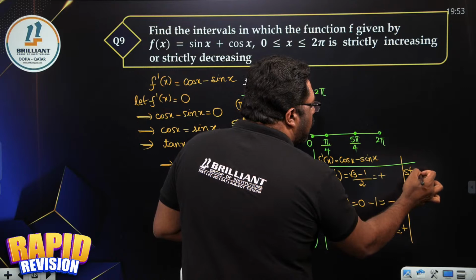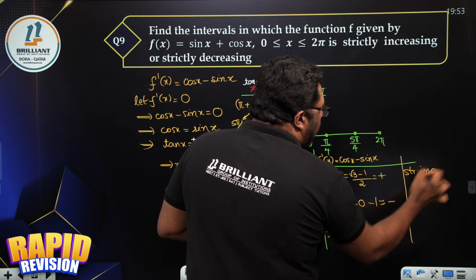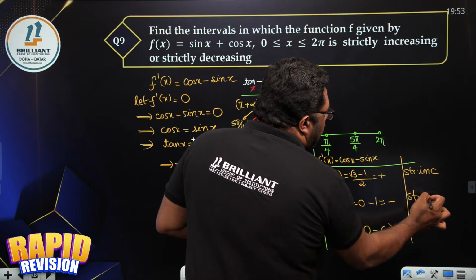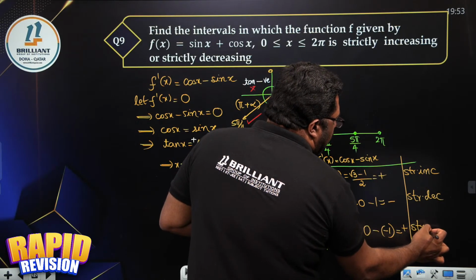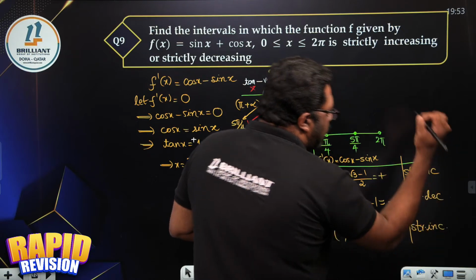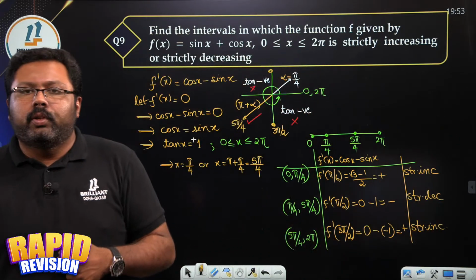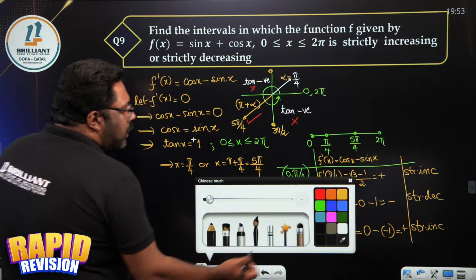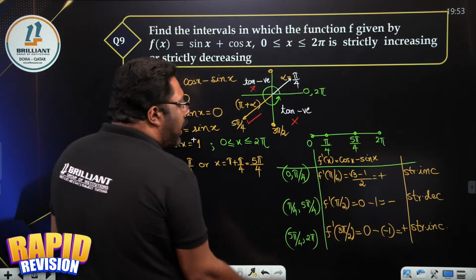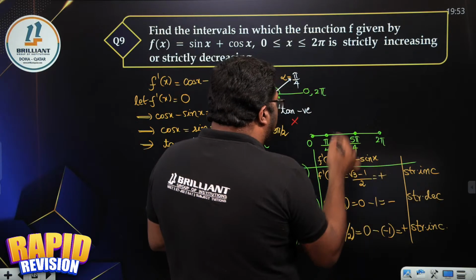So I got the nature now. First interval strictly increasing. Second interval strictly decreasing. Third interval strictly increasing. 3 intervals fixed. We can write the final answer now. Not wasting time on writing it again. So where is it strictly increasing?